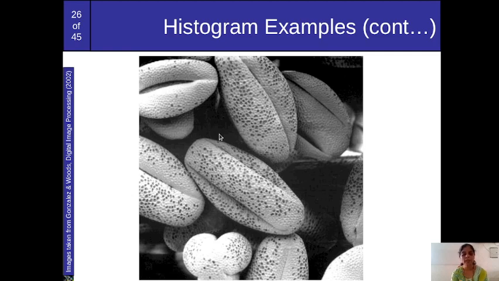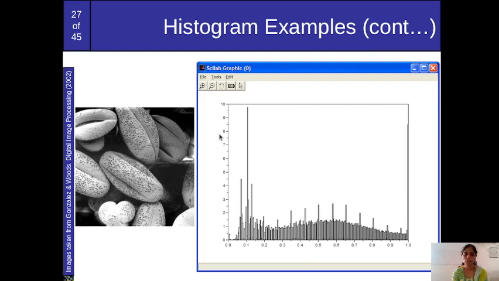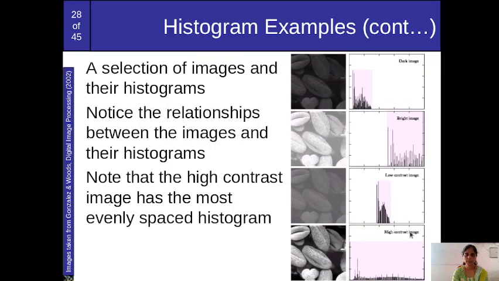It is a better view of the image, and we can see the corresponding histogram. We are able to see the distribution more evenly, more uniformly spread out over the entire intensity range. So the same thing is presented here.